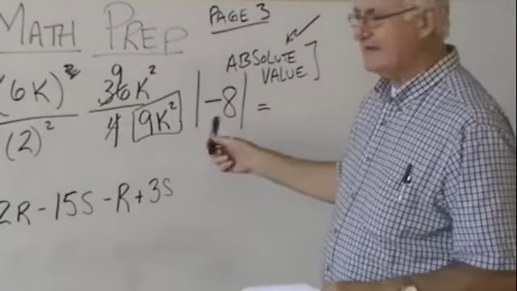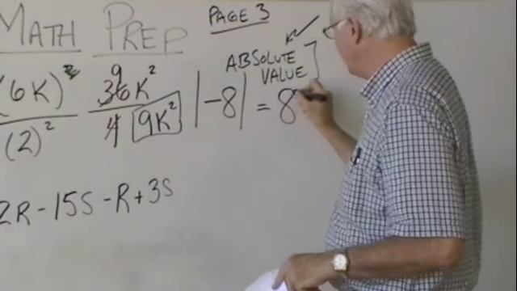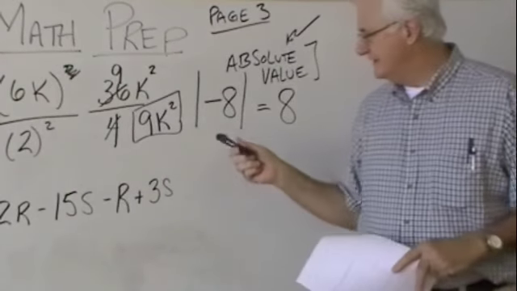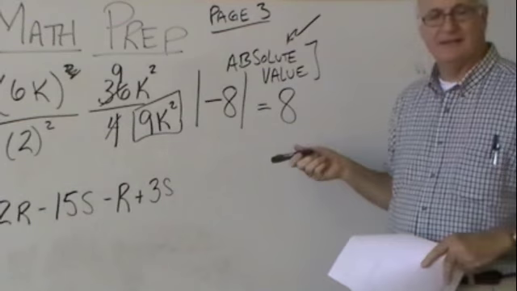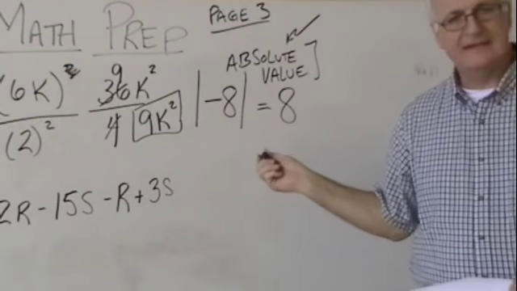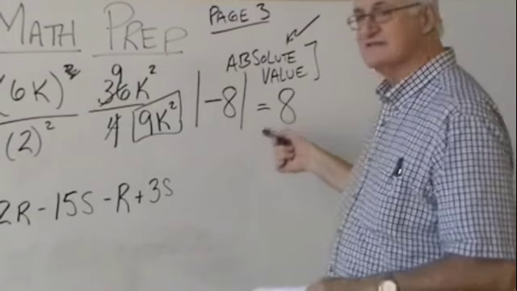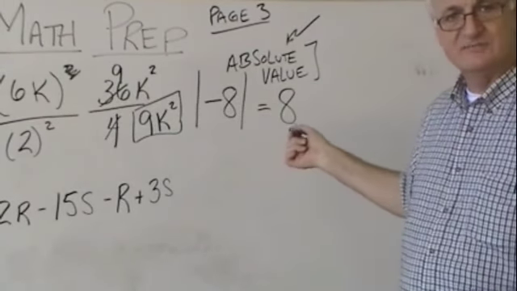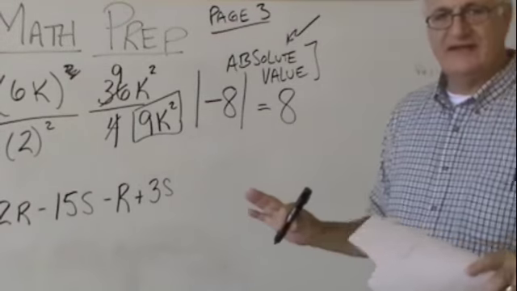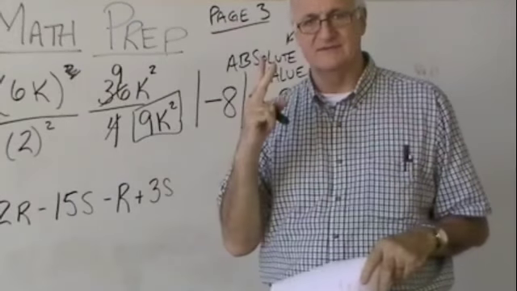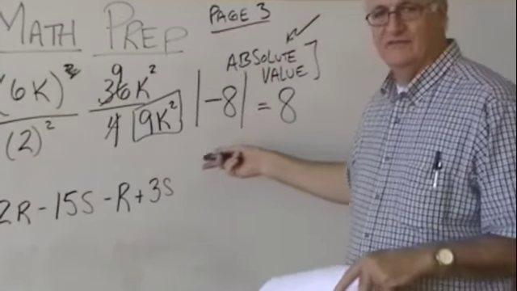The absolute value of 8 is just plain 8 things. Here it's a negative, but it turns into a plain 8. It's treated later as if it's positive, but you don't usually put the plus sign when you give the answer. It's just plain 8. So the absolute value is just the quantity of pieces, and there's 8 of them.